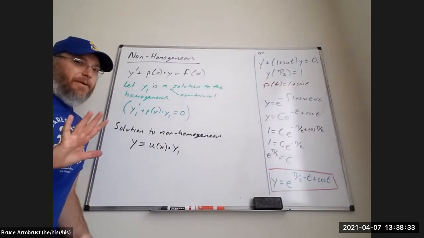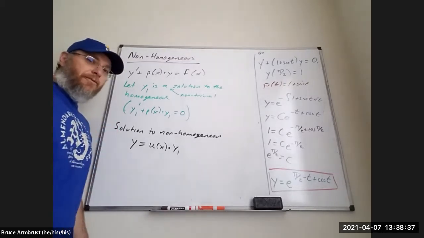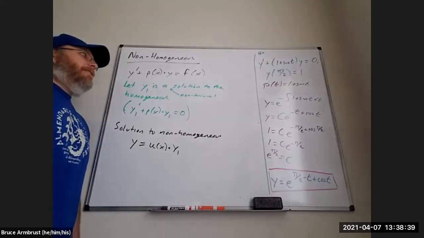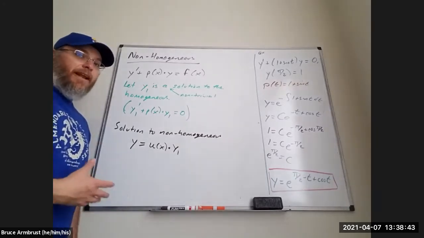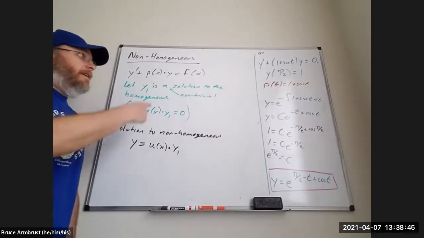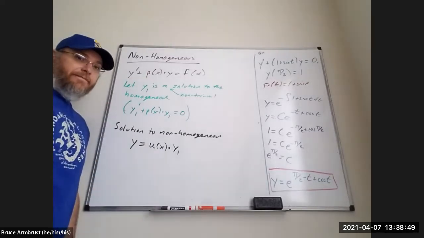All right, let's just pause for a second. So here's what I'm doing, right? I'm finding a solution to the homogeneous, and then I'm saying, I know that whatever my solution is to this thing can be written as a multiple of y1. I can always do that.